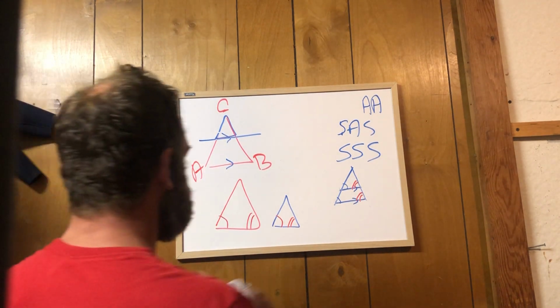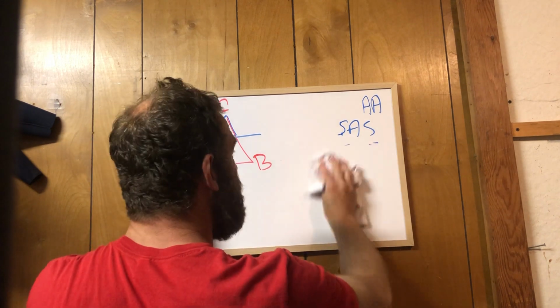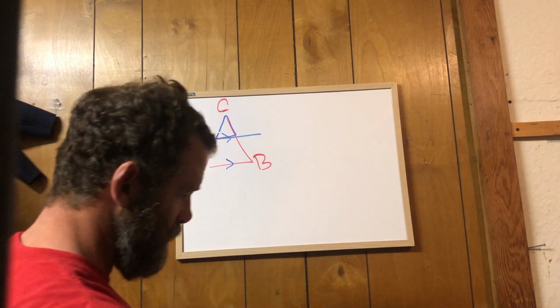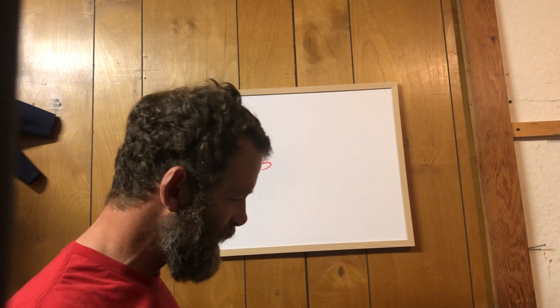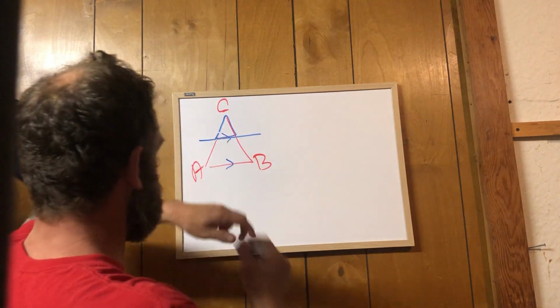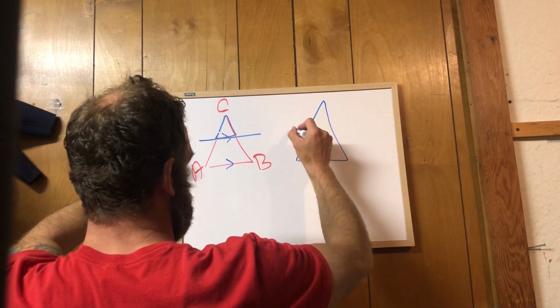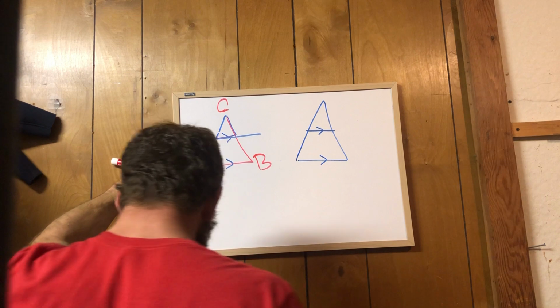Now, this is the thing about similarity with parallel lines. If you have parallel lines, it's something called the triangle proportionality theorem. What that means is this. Let me redraw this. So here's my two parallel lines.